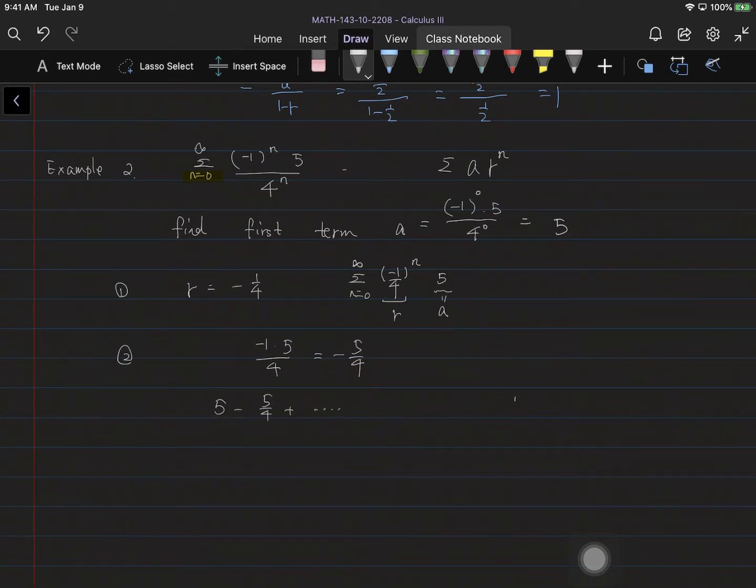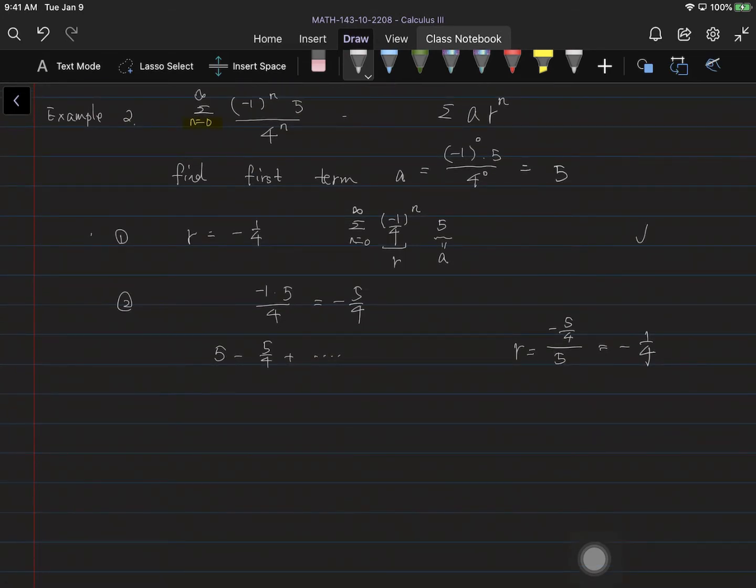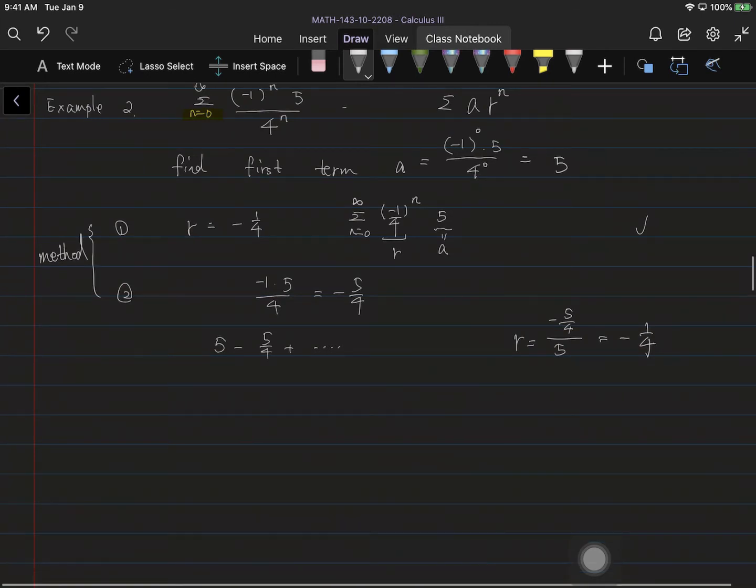And then you use the second term divided by the first term. It's also -1 first. You can decide which way you like. For this problem, maybe the first one is better. You can pick any one. Two methods.